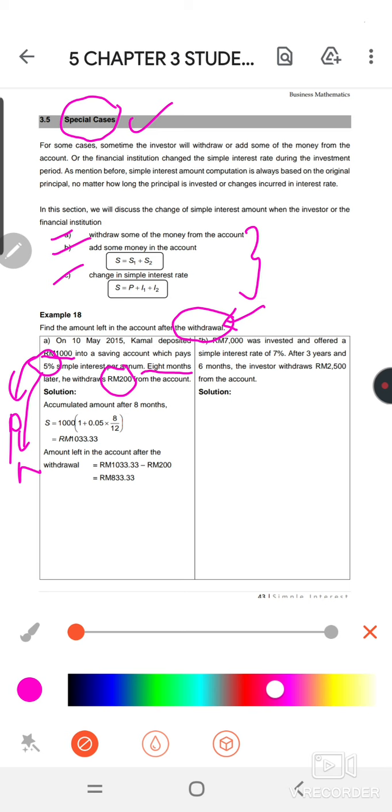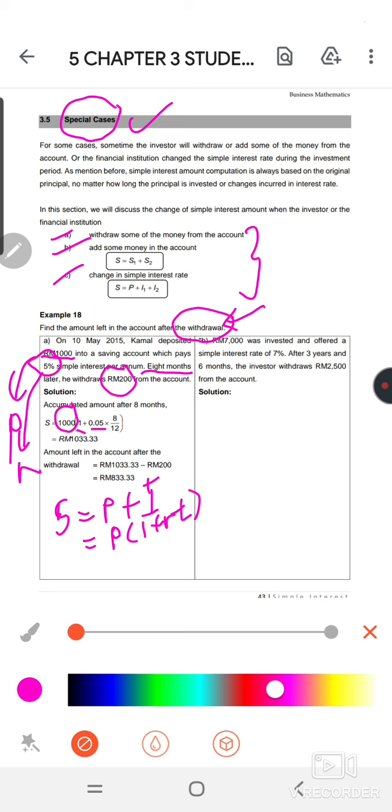So the solution, accumulated amount after 8 months, maksudnya kat sini S equals P plus I. We use this simple amount formula, S equals P plus I or P(1 plus RT). So we substitute P with 1,000, then 1 plus R, which is 0.05 or 5%, and T is 8 divided by 12.